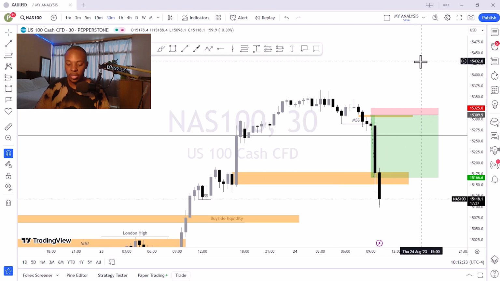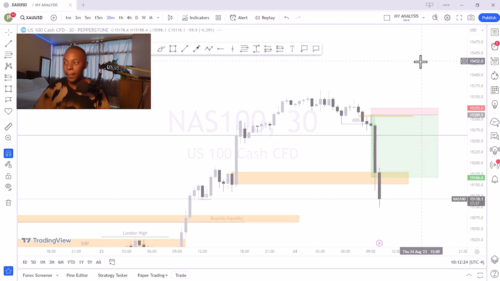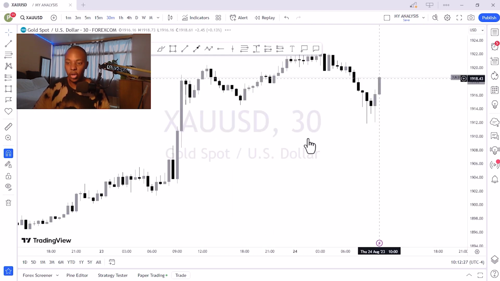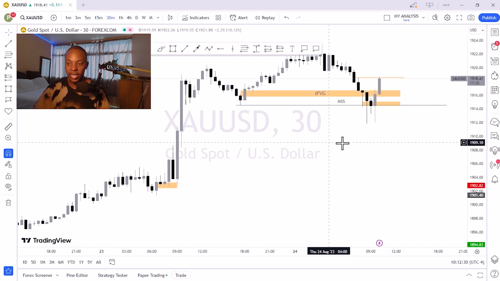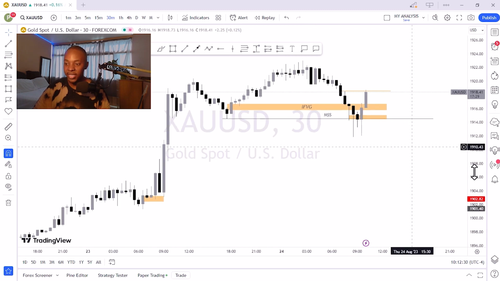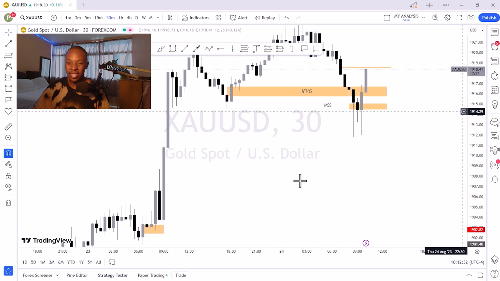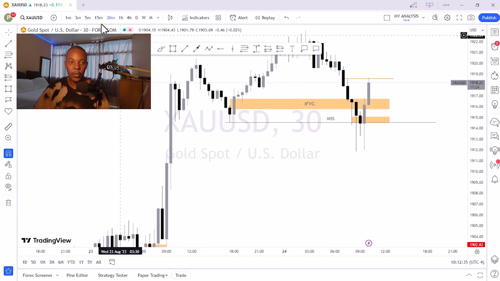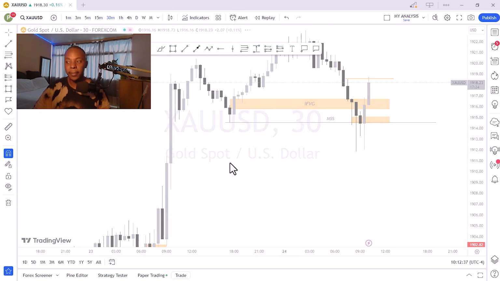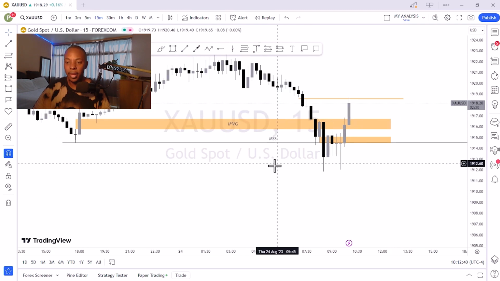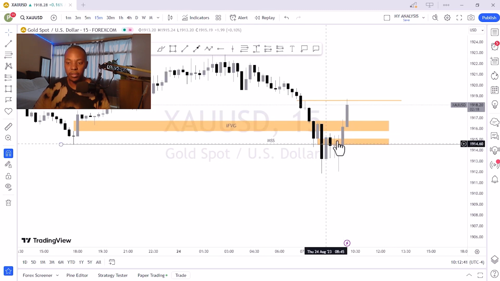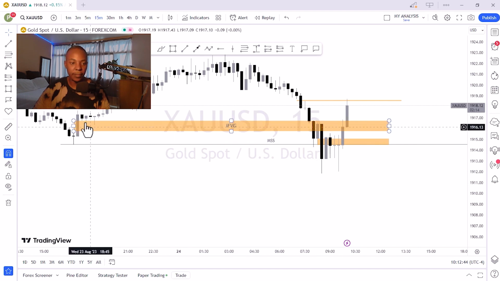And the last trade that I took was gold. I actually took a sell on gold, which I closed right when I had reached my target for the challenge. So I took a sell in here. The reason why, I noticed this inverse fair value gap, as you can see.